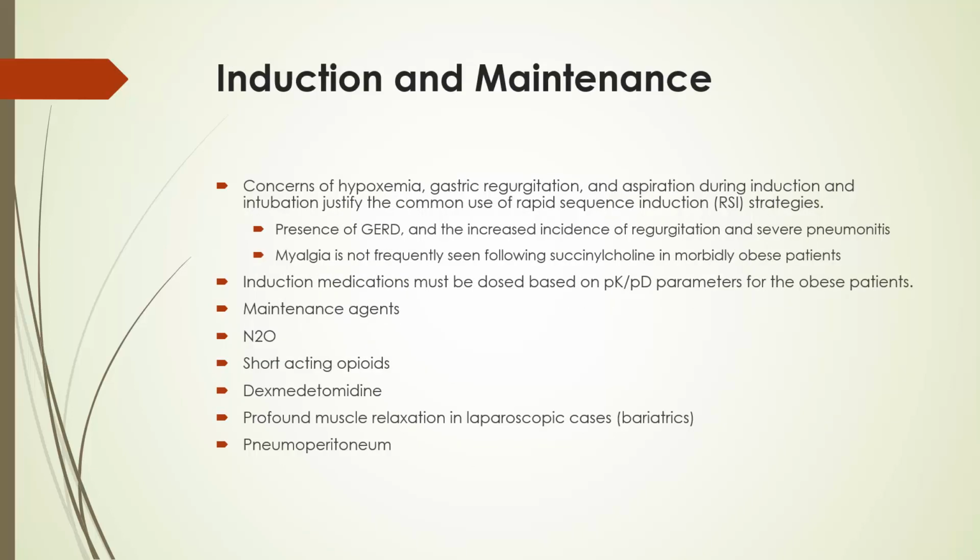Concerns for hypoxia, gastric regurgitation, and aspiration during induction and intubation justify the common use of rapid sequence strategies. GERD is relatively common in this patient population, and the incidence of regurgitation and severe pneumonitis in case of aspiration is increased.